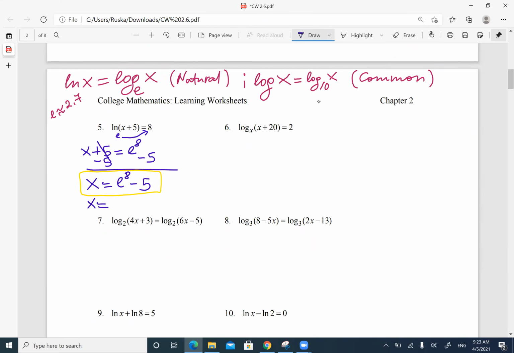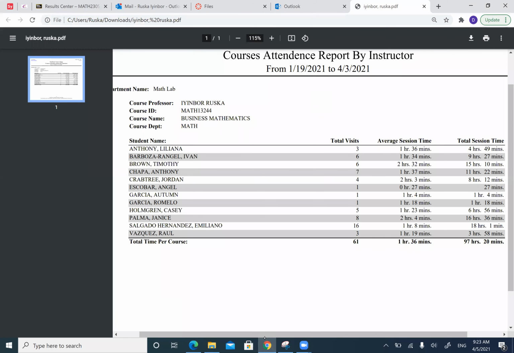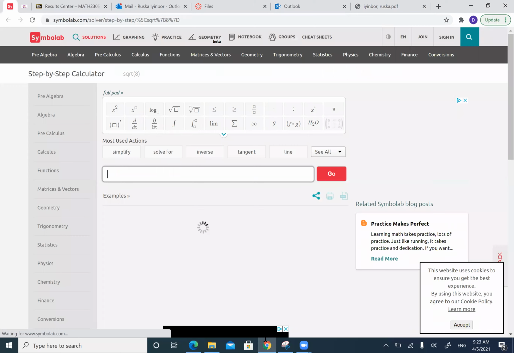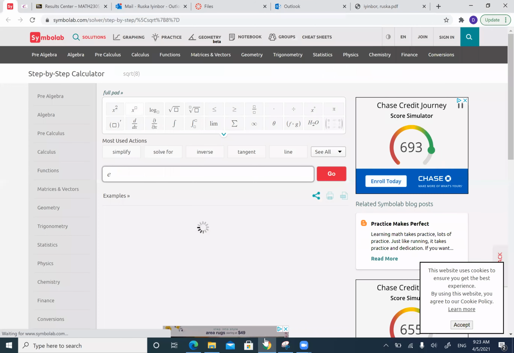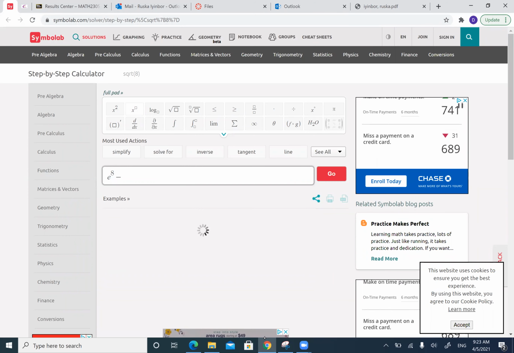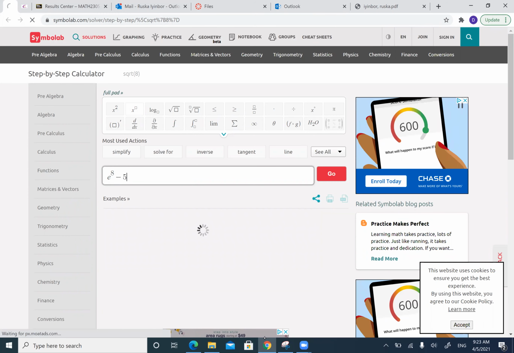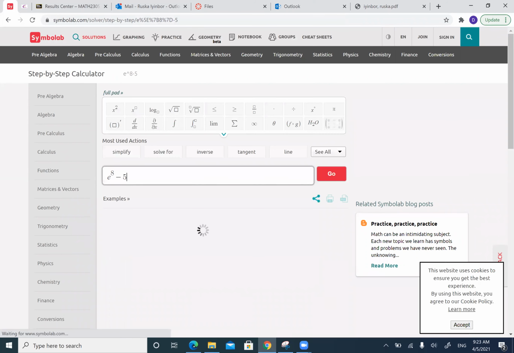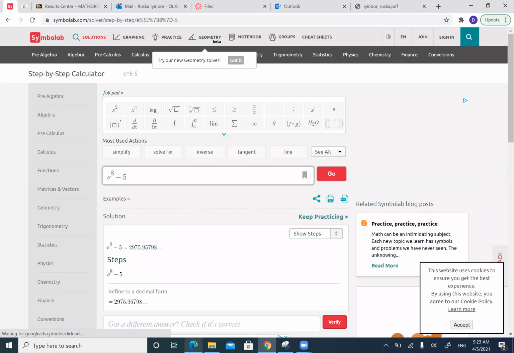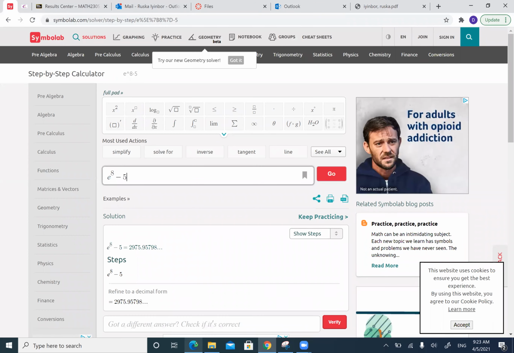So in the calculator, we're going to put e to the 8 minus 5. So going to the calculator, I'm going to press E on the keyboard, e with exponent 8 minus 5. That's what you get, right? Okay, so this is the decimal form.